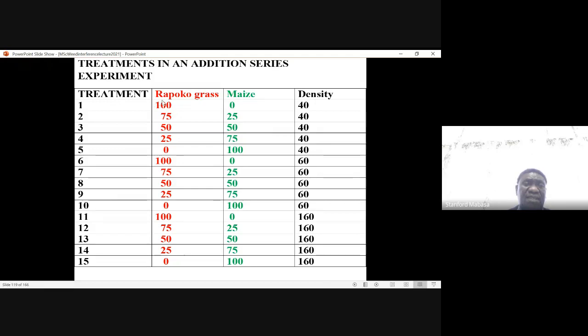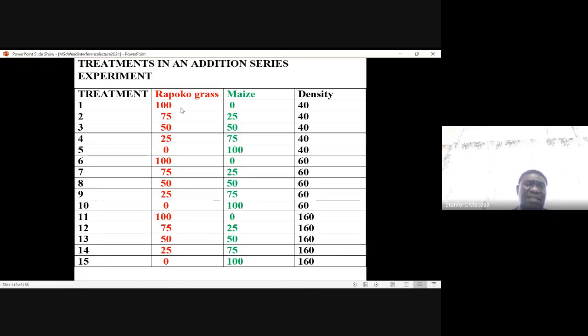We start with Rapoko grass at 100 and maize at 0. Then at 75 Rapoko, we have 25 maize plants. Then we have 50 Rapoko and 50 maize. Then 25 Rapoko and 75 maize. And number 5, we have 0 Rapoko and 100 maize.